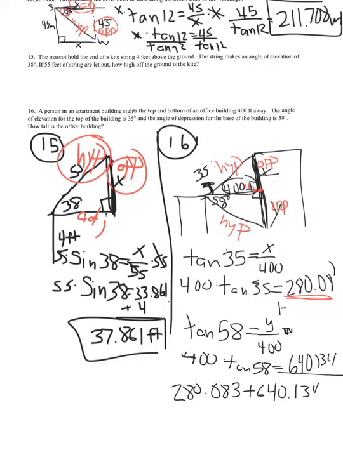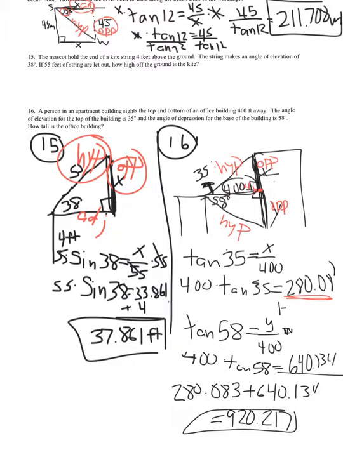And it doesn't. 640.134 plus 280.083 is 920.217. Okay.